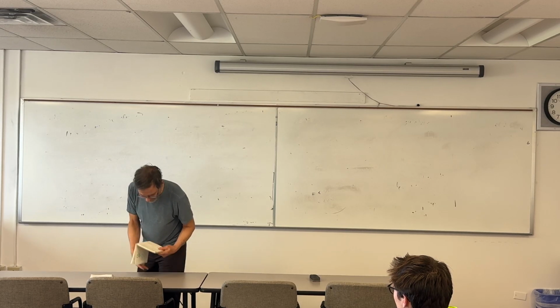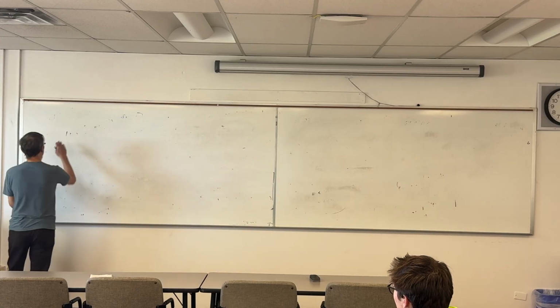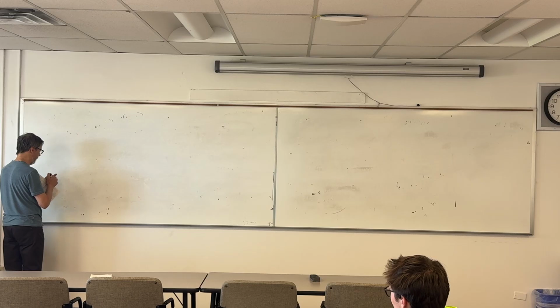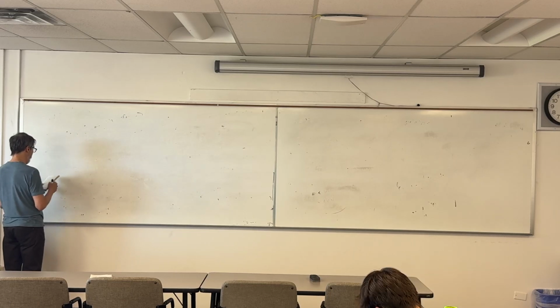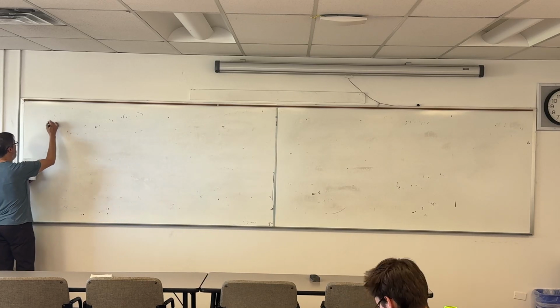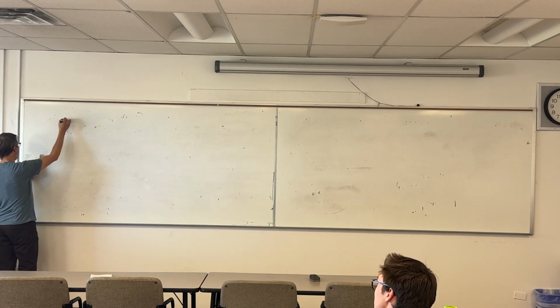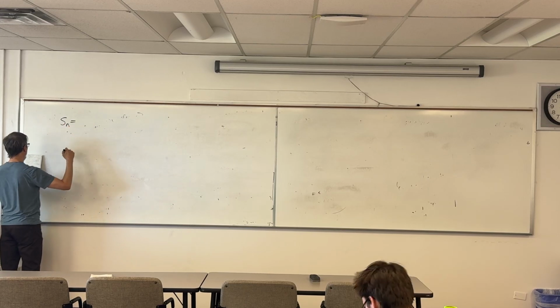Okay, so let's do a quick recap of a few things that will help. I've written up some facts here that I want to start off with. So last time, and the day before roughly, we had S sub n, which is what?